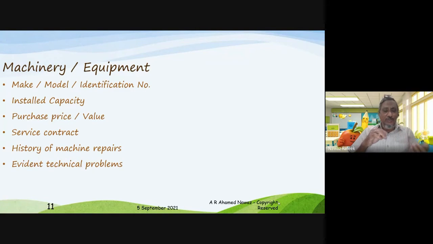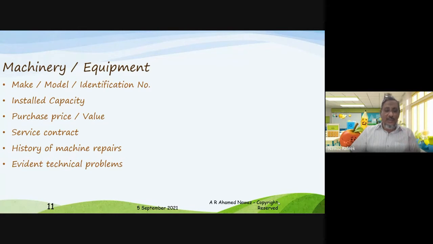In the inspection, according to the service contract, check whether the servicing of the machinery has been covered, and the history of machine repairs. Sometimes machines need repairs due to mal operations.